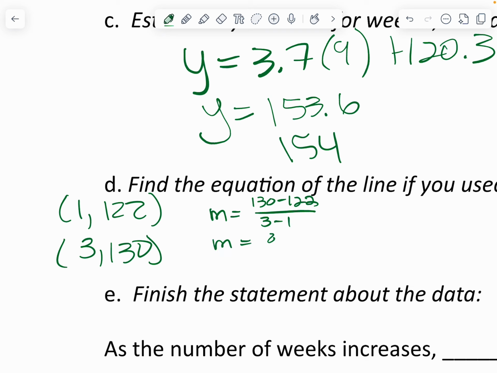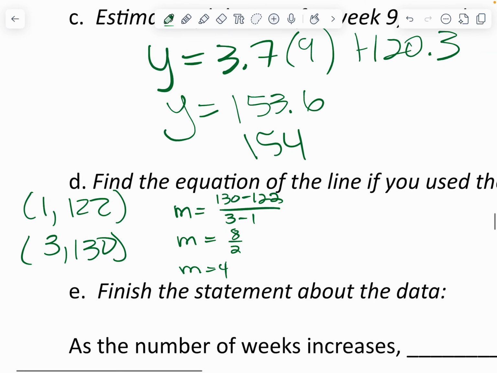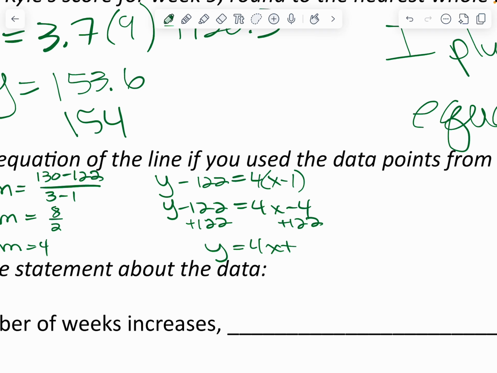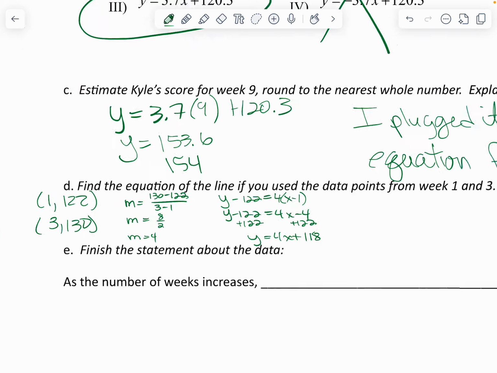So I'm going to get 8 over 2, so my slope is 4. Then the equation of the line: y minus 122 equals 4 times x minus 1. y minus 122 equals 4x minus 4. Add 122. y equals 4x plus 118. Okay.